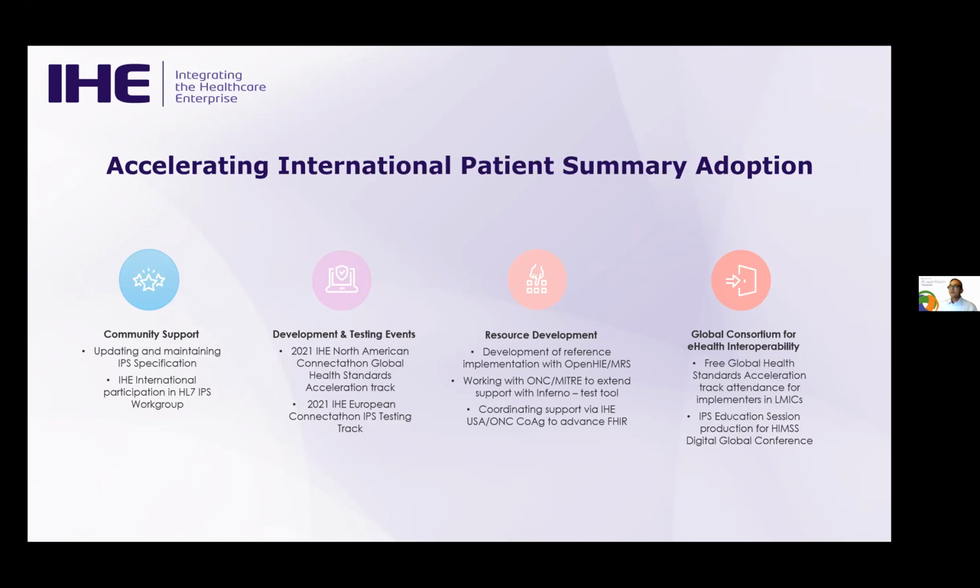And so in my role, I support IHE's efforts, both through our sponsorship via HIMSS of IHE International, as well as the IHE USA Deployment Committee for the US. And some of the work that IHE does is further downstream, focusing closer on the adaptation and adoption space.